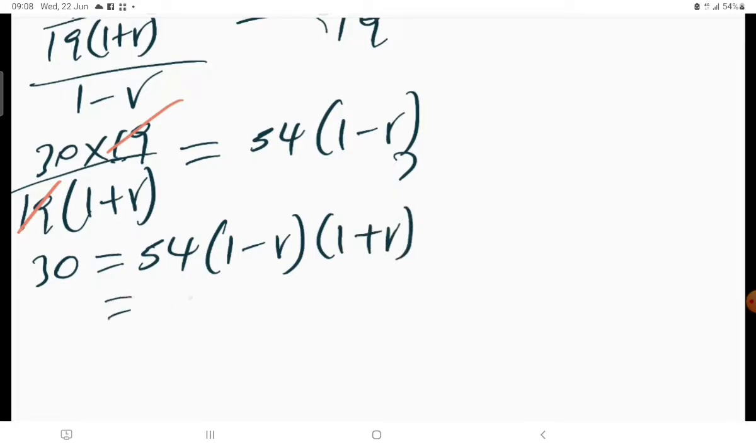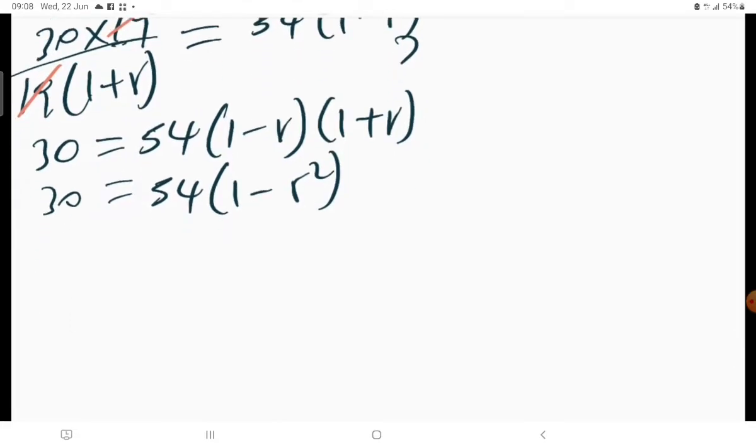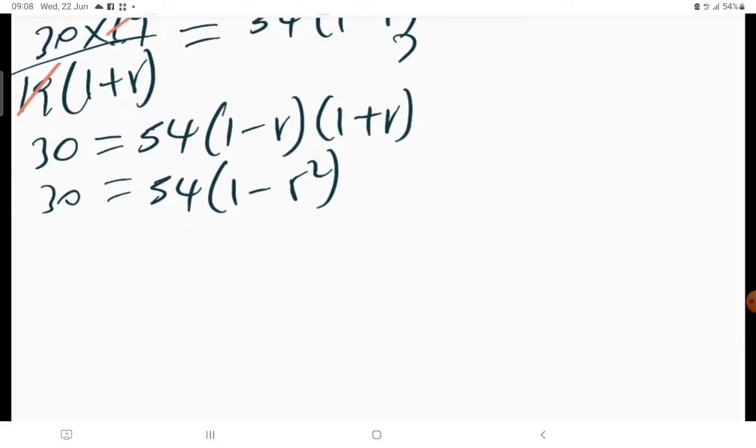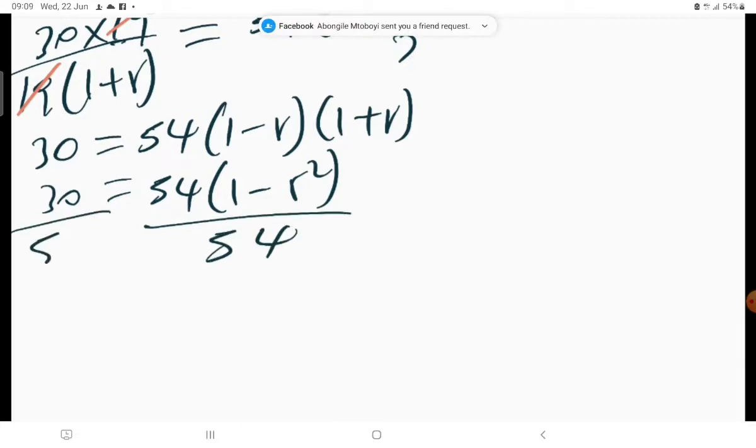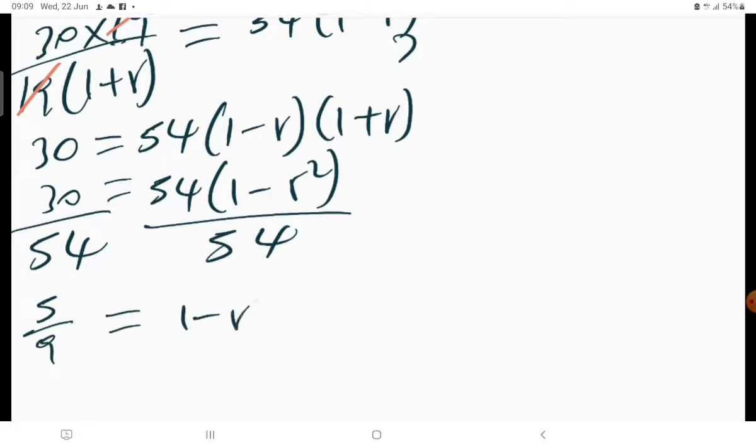Then we can simplify to say we have 54. Then this one is just a difference of two squares, ladies and gentlemen, that can just give us 1 minus r squared. Then we have 30 here. We can just divide by 54 on both sides. 30 divided by 54 is just going to be 5 over 9, which means we have 1 minus r squared.